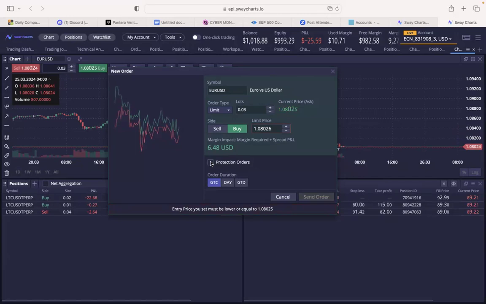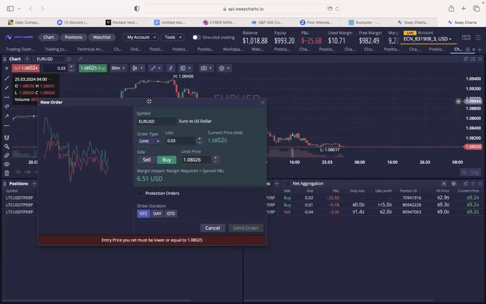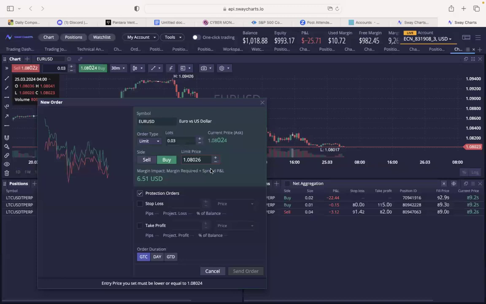Let's say you like Euro USD. Once it gets to a point here, I want to buy. Once I buy, my stop loss is here, right? At 5 pips, I'll lose $1.50.